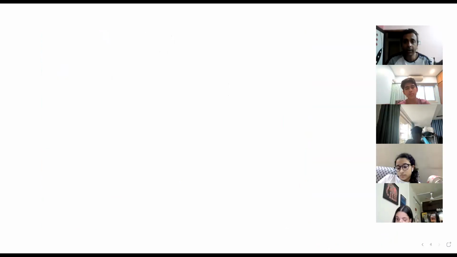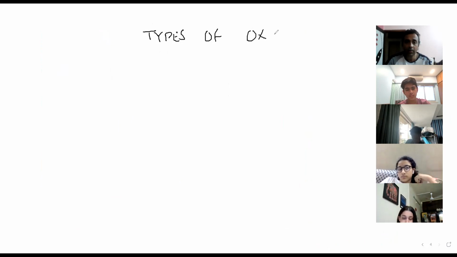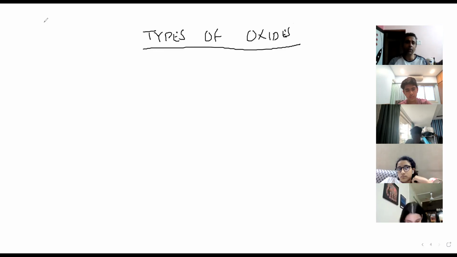Okay, so next we are talking about types of oxides. What are the different types of oxides that you need to know? If there is an element X, and this is an oxide of the element X, X oxide.